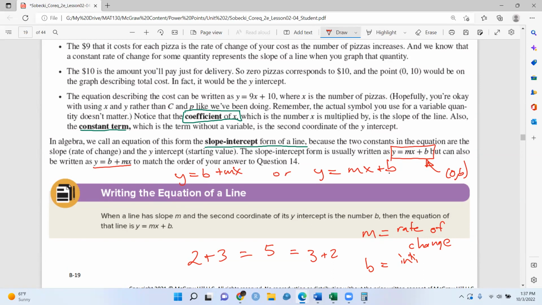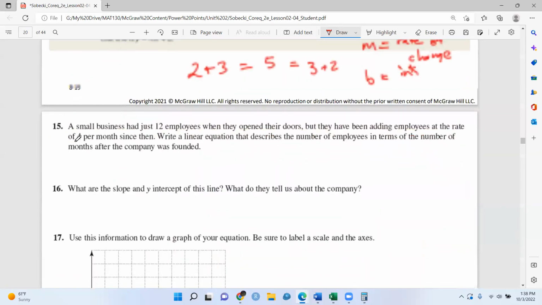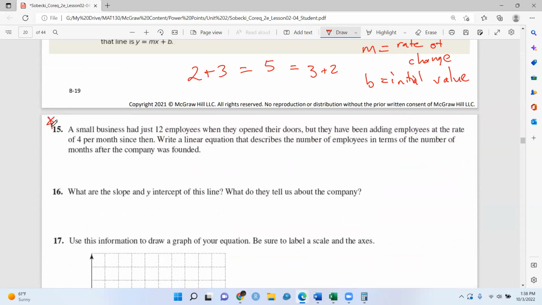It's a starting value. Whether it's time 0 or whatever. So I want you to test this on number 15. See if you can't write the equation for that. I'll give you 2 minutes. Set a timer for 2 minutes.